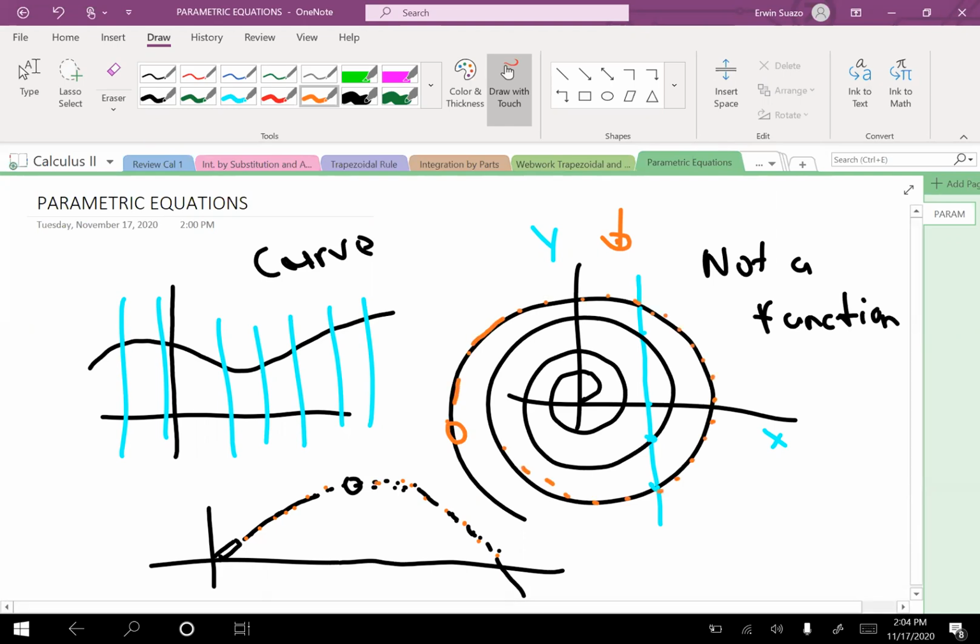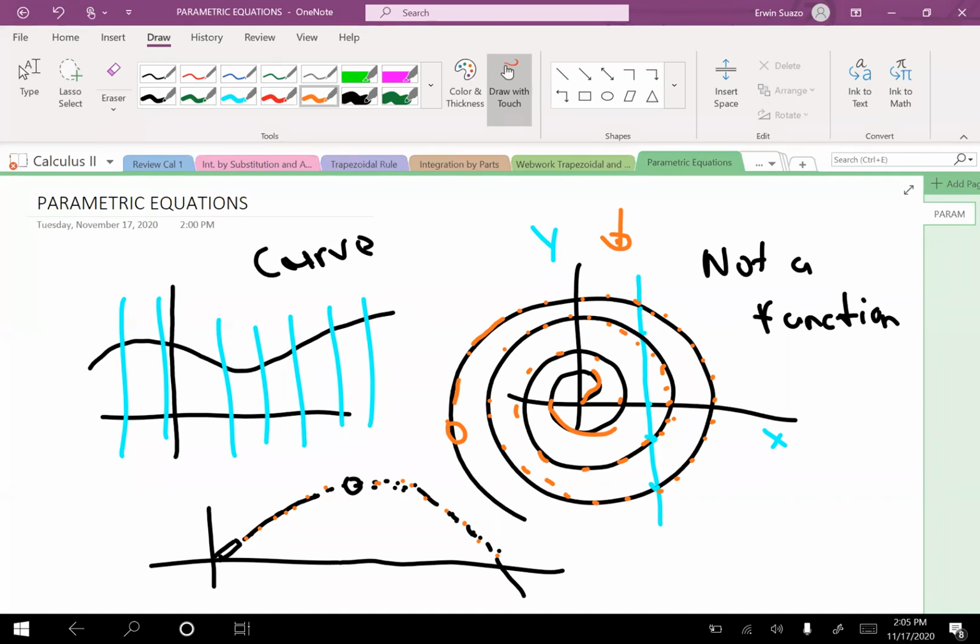You have a piece of food, and it's gonna go like this and finally go into the sink. So even though this is not a function, you can see it in real life. So the idea is, how can we use calculus in these kinds of graphs that are not functions, how can we study them, right?